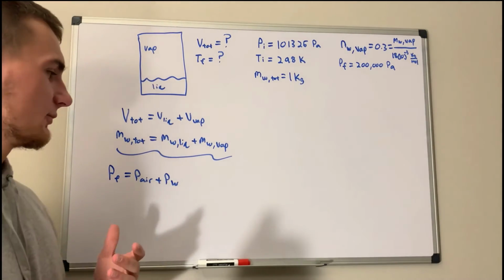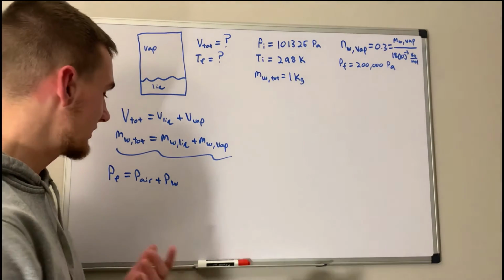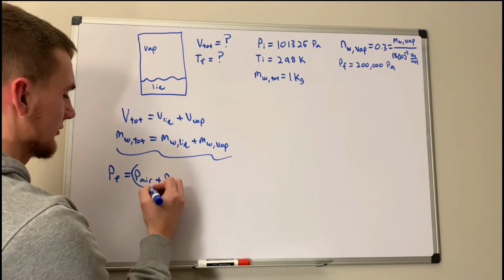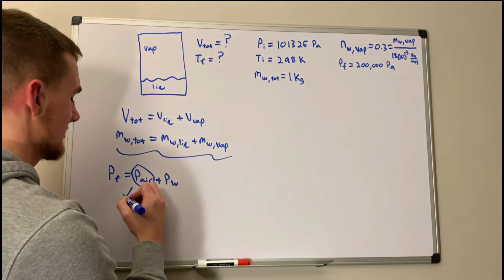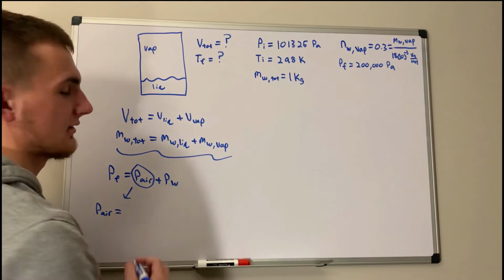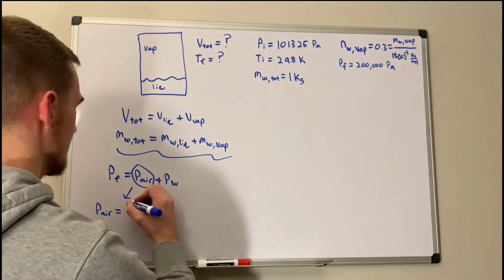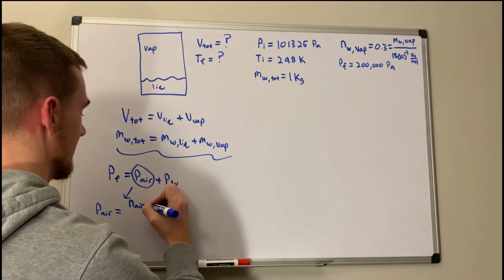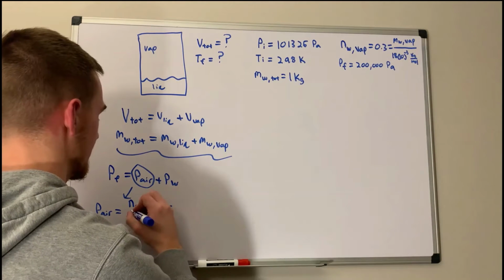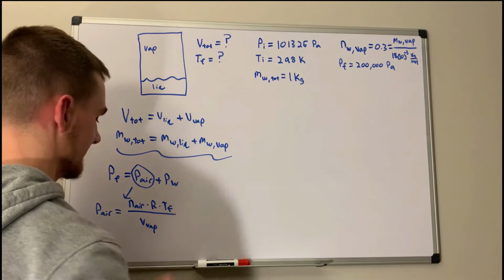And again, like I said, we will be able to utilize the ideal gas law here, so we can use that for the partial pressure of air. Utilizing the ideal gas law PV equals nRT, the partial pressure of air will be the number of moles of air times the ideal gas constant R times our final temperature, divided by the volume of the vapor phase.